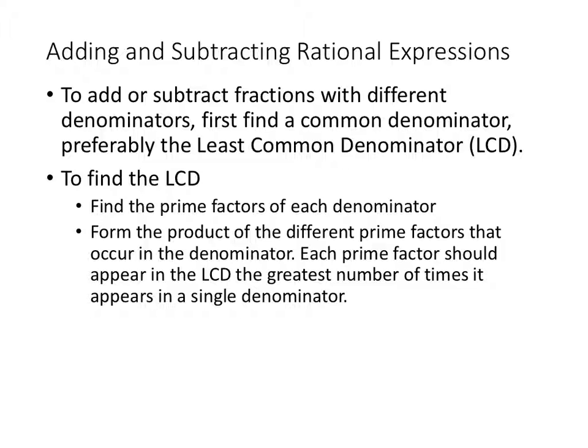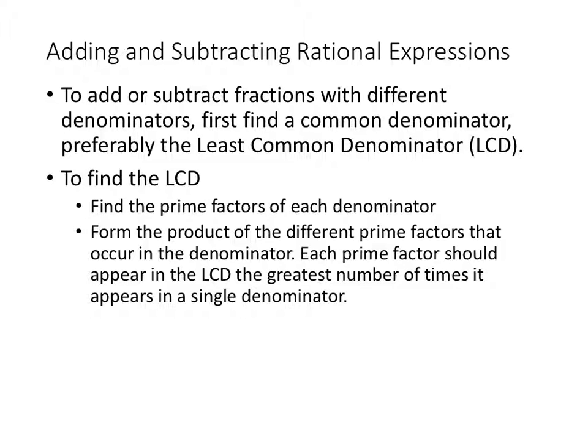From those factors, you want to form the product of the different prime factors, so let's call those unique prime factors that occur in each denominator. Each prime factor should appear in the LCD the greatest number of times it appears in a single denominator. Alright, so completely factor your denominators. Then take each unique factor, the greatest number of times it occurs in a single denominator, and you can find your least common denominator.